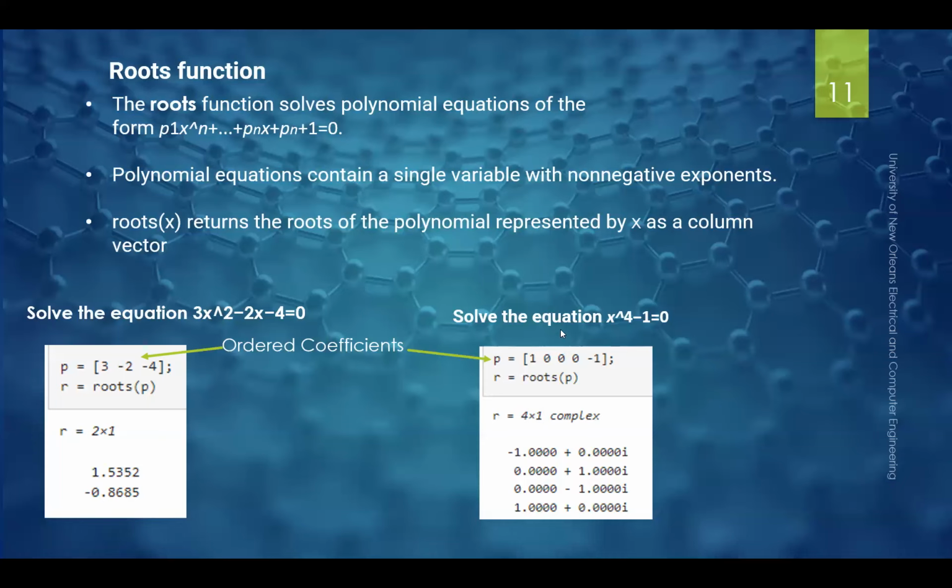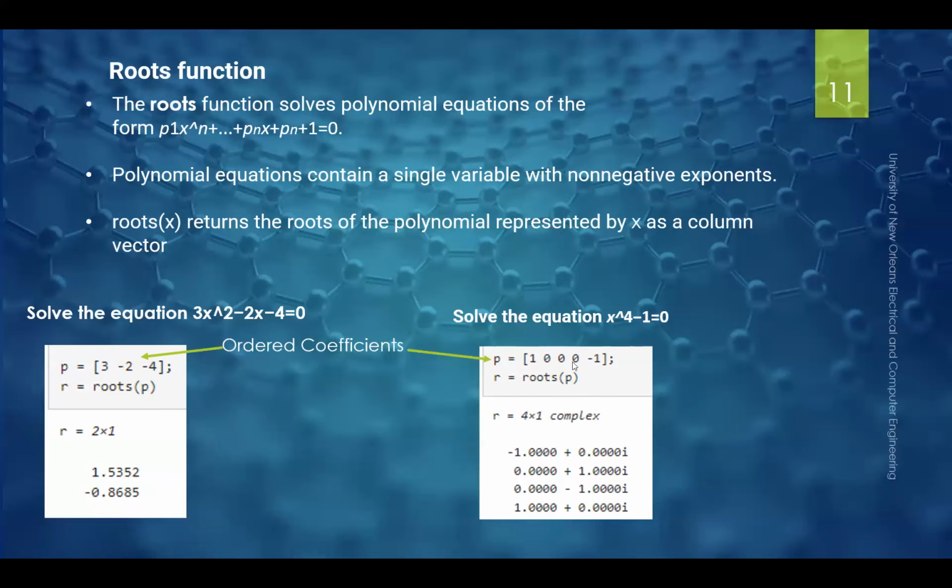Another example. In this one, we want to find the roots for the expression x to the 4th minus 1. So again, roots is the function we're going to use. In parentheses, we include the coefficients of the polynomial we want to solve for. Again, we go from highest to lowest. We start with the highest, which is x to the 4th. The coefficient is 1. Now, there are no coefficients for x to the 3rd, x to the 2nd, or x to the 1.